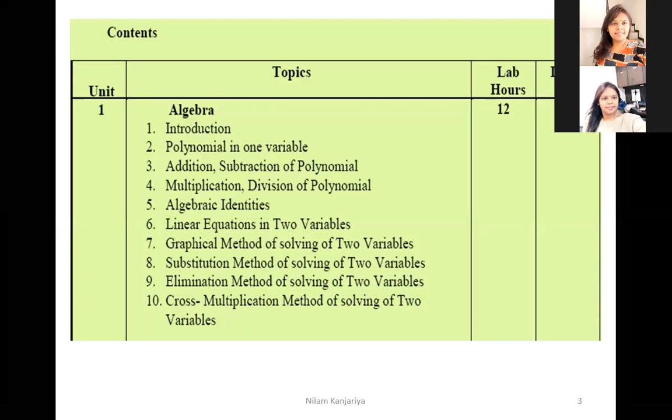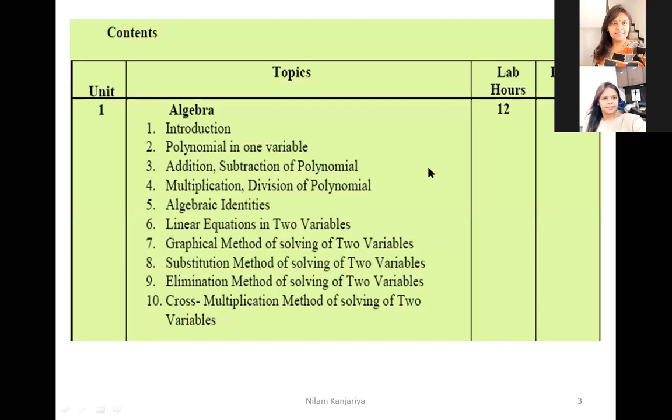This is your unit number 1. It's taken from algebra. In this chapter we will study polynomials, then addition, subtraction, how we can add, multiply, divide, and some identities.